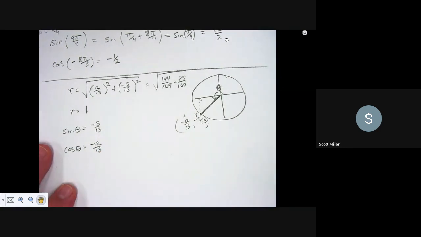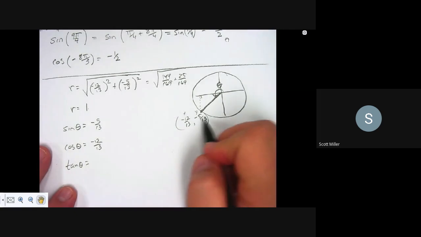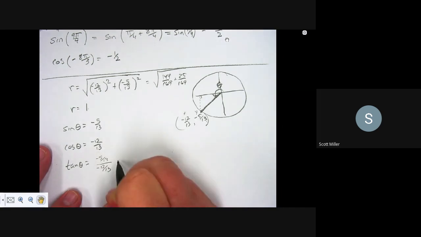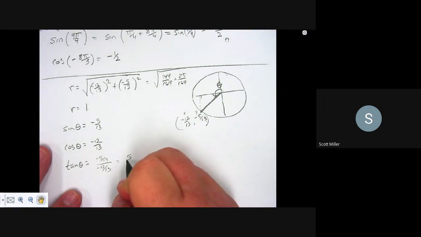There's that. The tangent is y over x. So a negative 5 over 13 divided by a negative 12 over 13. And as you work this out, you flip the bottom and multiply. You end up with, and a negative negative is positive, 5 over 12.